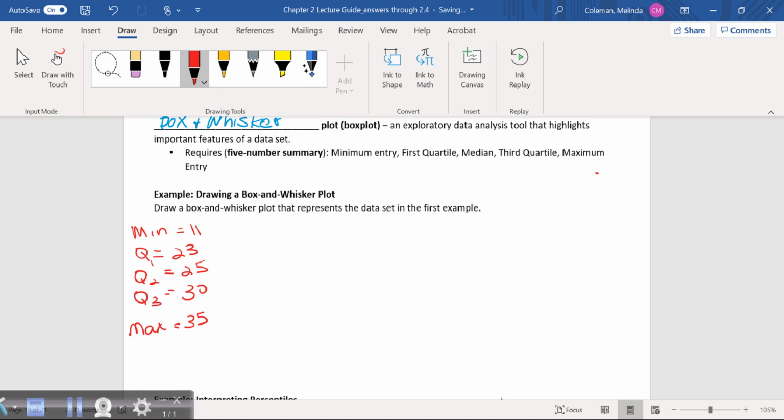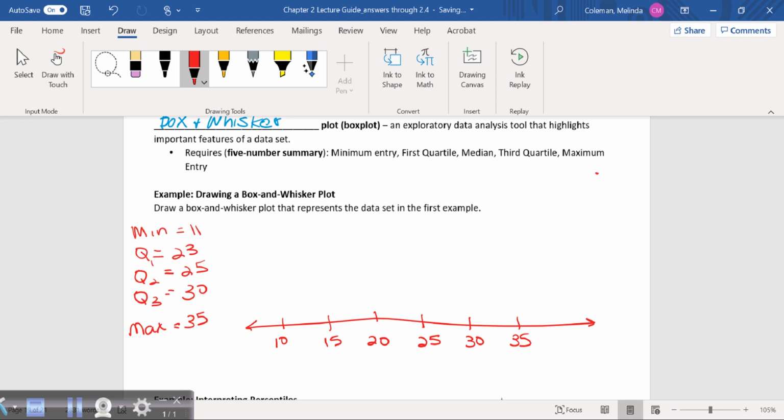So we're going to put this on a number line. I count by 10, 15, 20, scaling it as we go.